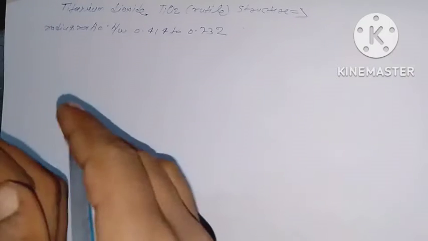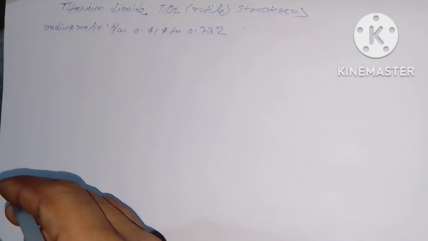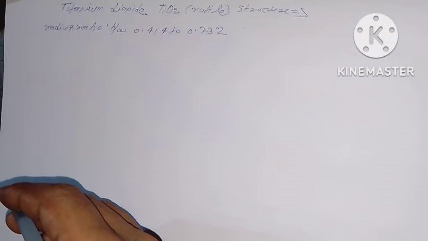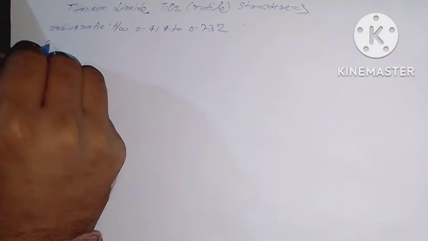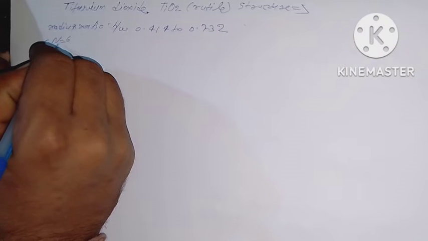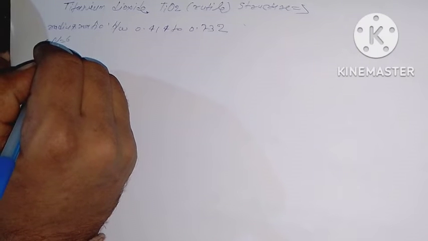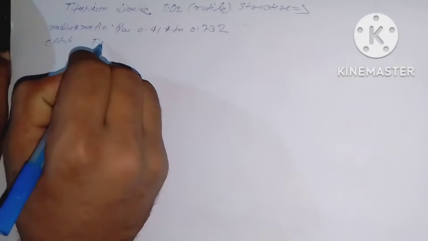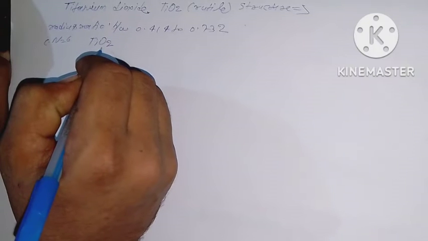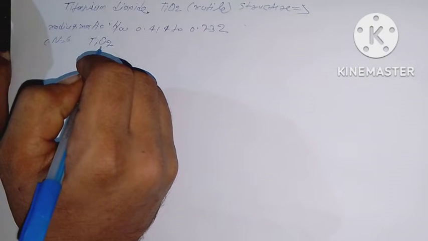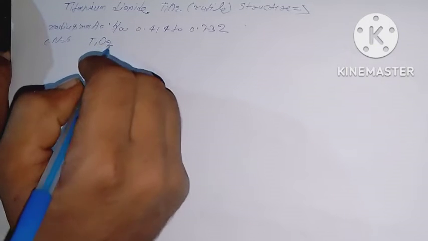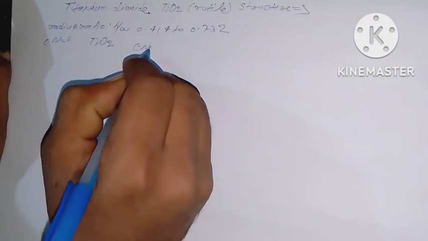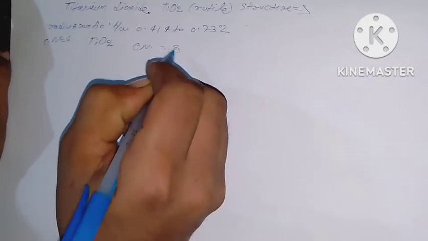The radius ratio value reveals that one ion has coordination number 6. So from the formula of TiO2, titanium dioxide, it follows that the coordination number of the other ion must be 3.